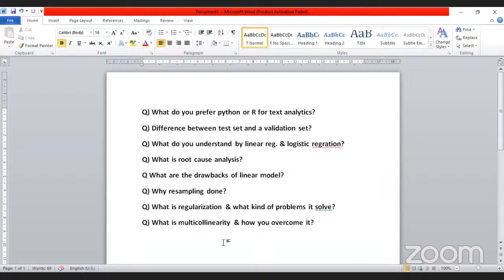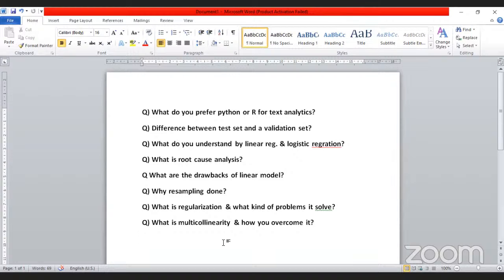With the help of the p-value, we can check whether an independent variable is significant or not. If the p-value is greater than 0.05, that variable is not significant, so we can remove it and solve the multicollinearity issue.